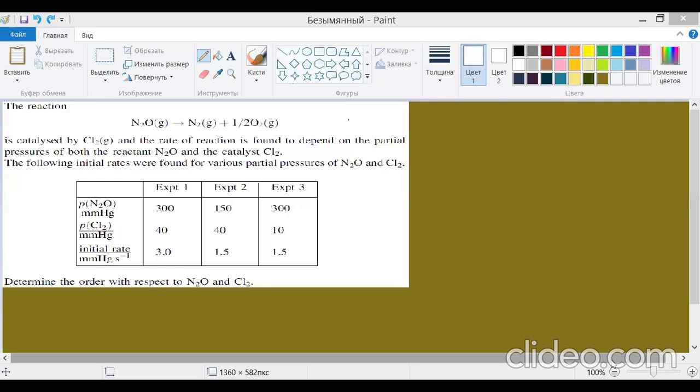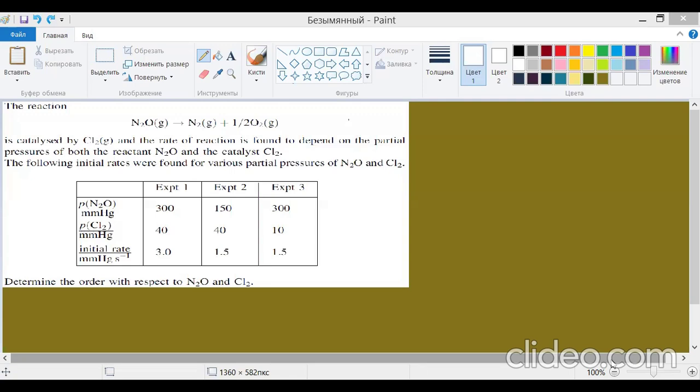So we've got the reaction N2O decomposes into molecular nitrogen and oxygen, and this reaction is catalyzed by molecular chlorine, and the rate of the reaction is found to be dependent on the partial pressures of the reactant N2O and the catalyst Cl2, or molecular chlorine.